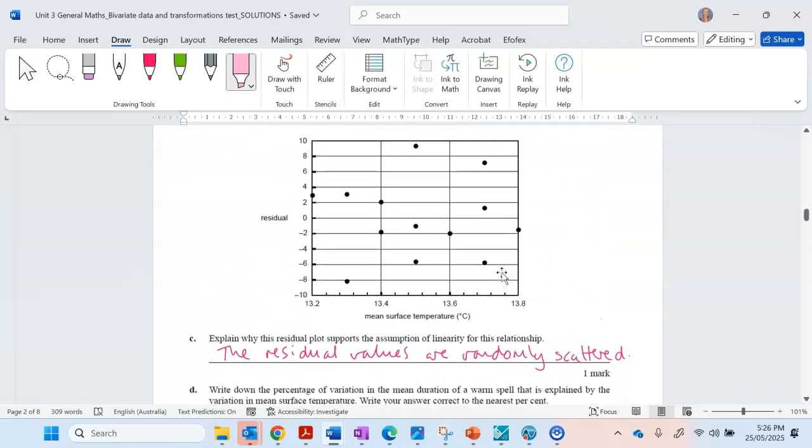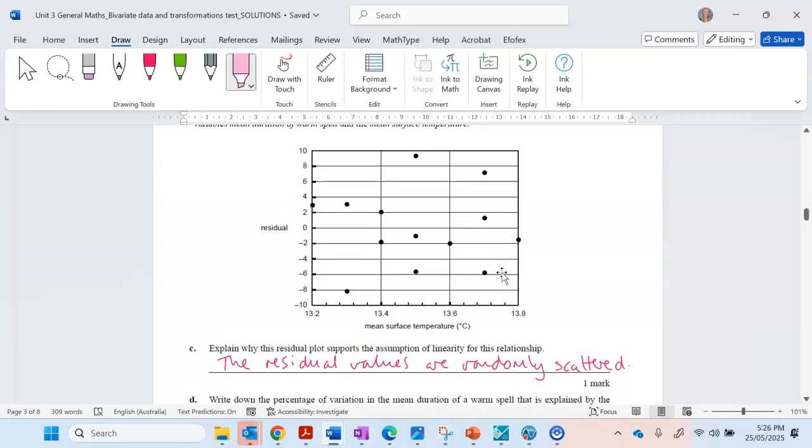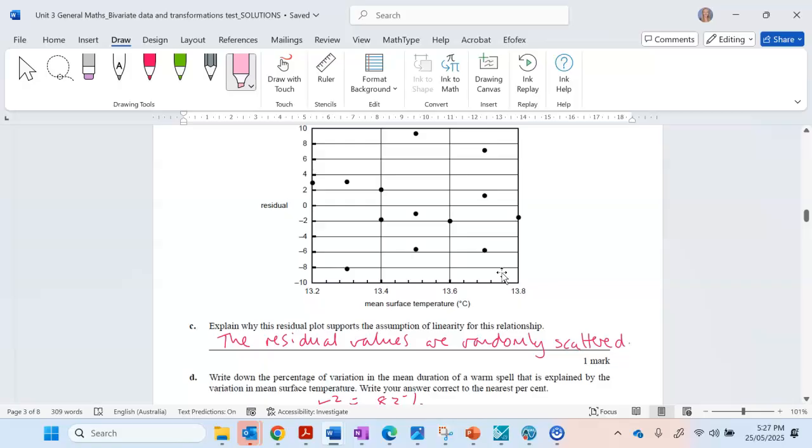And then we've got a residual plot. You don't have to complicate your answer for this, and we've seen quite a few of these already. Something like, the residual values are randomly scattered. And I probably should add either side of the x-axis, or above and below the x-axis.